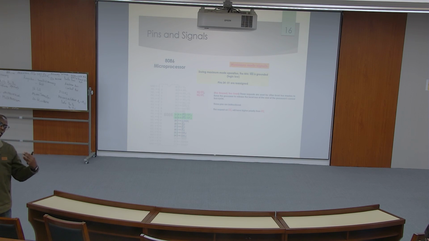Once the bus request is accepted, the device will be able to initiate data transfer without the microprocessor being in control, and this is done through the direct memory access controller.